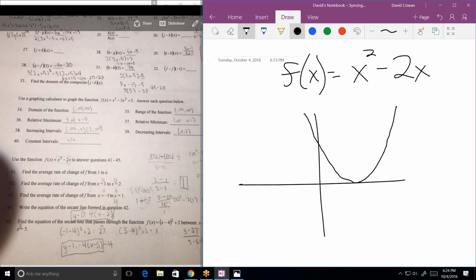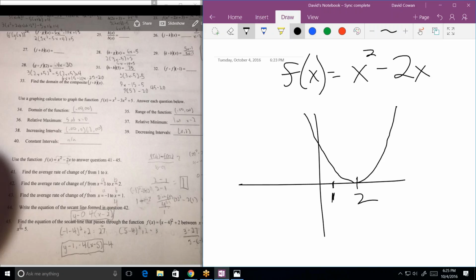It's not at 1. Where is it? It's at 2. Right? In other words, if I plug in 2, y is equal to 0. All right, they want the average rate of change from 1 to x.